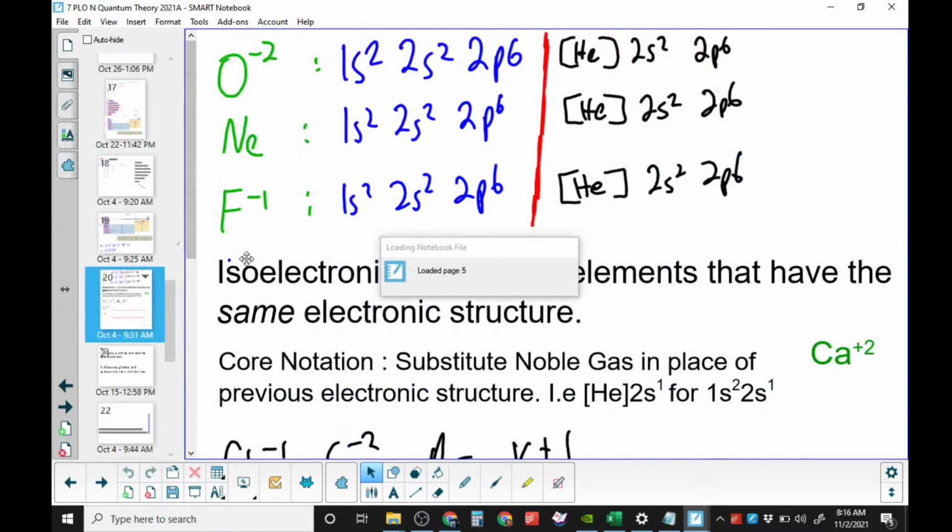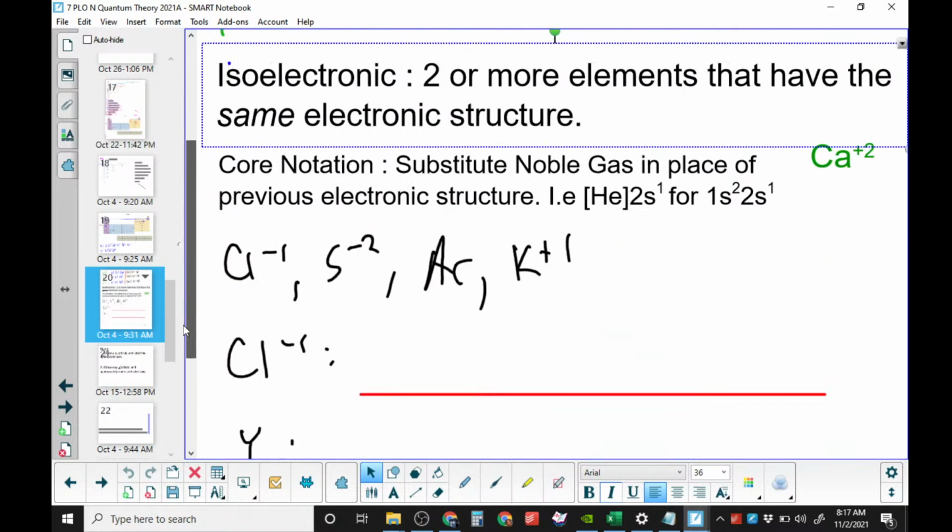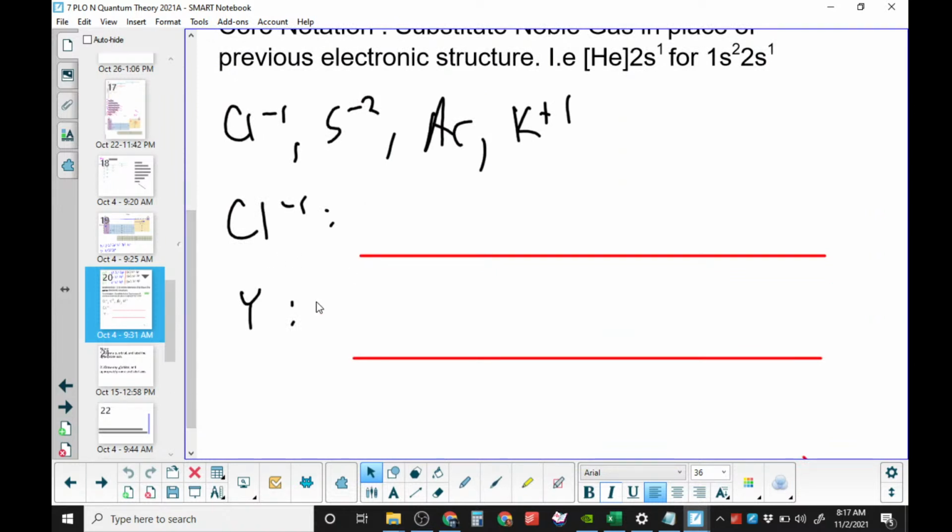So, two new words from last day: isoelectronic, and substituting in core notation. Did we finish core notation? Oh, I had to see them before you left. Let's call in a couple people to show me what those look like.